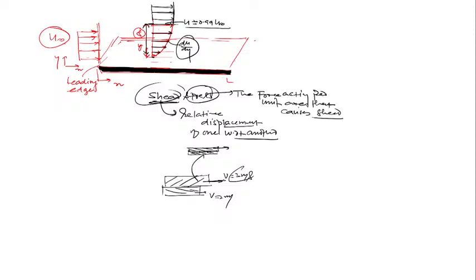The force causing this motion, because we are pulling with some force here, is called the shear force, and the shear force acting on unit area of the object is called shear stress. Is this clear? In fluid mechanics, it is clear what shear stress is.